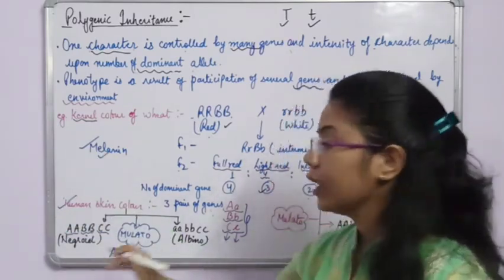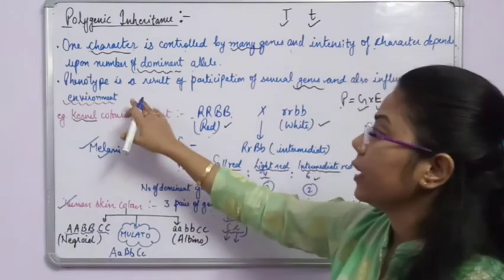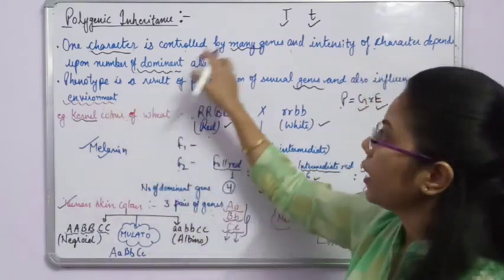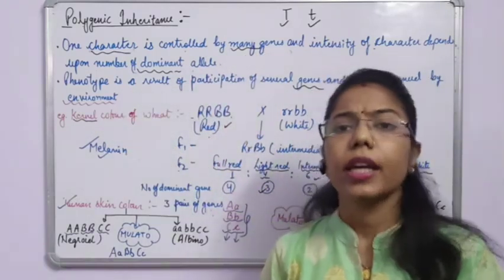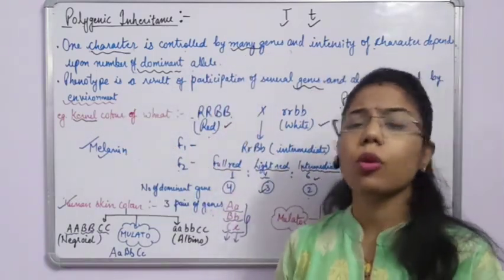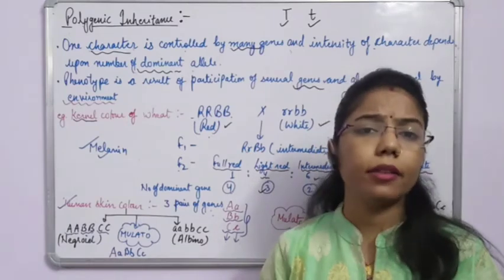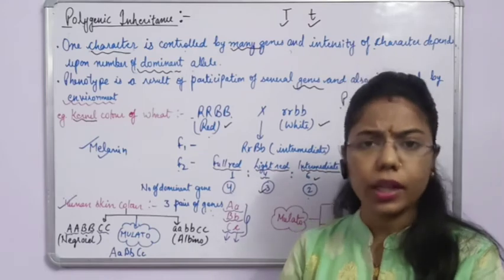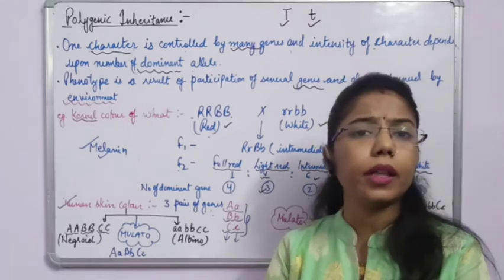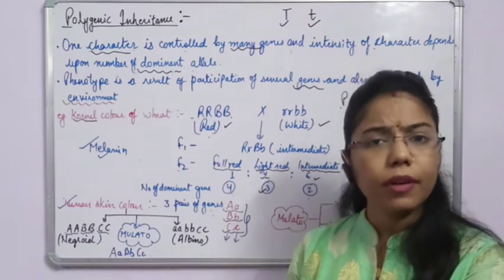Here one thing you can add is the environment. As we have said, along with these genes, environment is also affecting. Okay, in your case also, if you go outside and there is sun, what happens? You get tanning. Okay, so why is this tanning happening? It is happening due to the environmental effect.